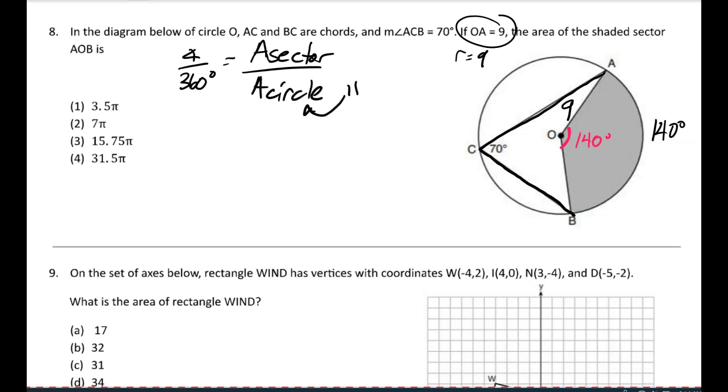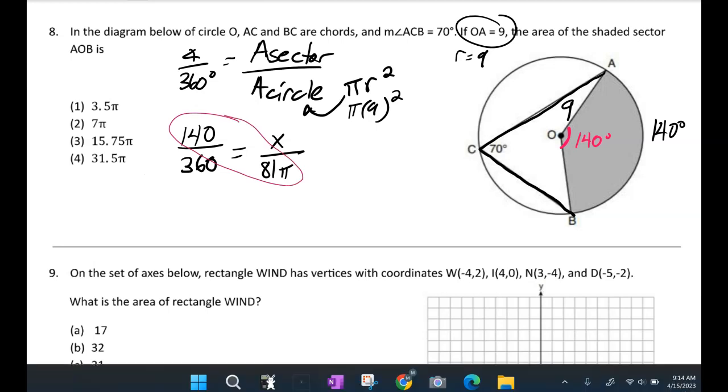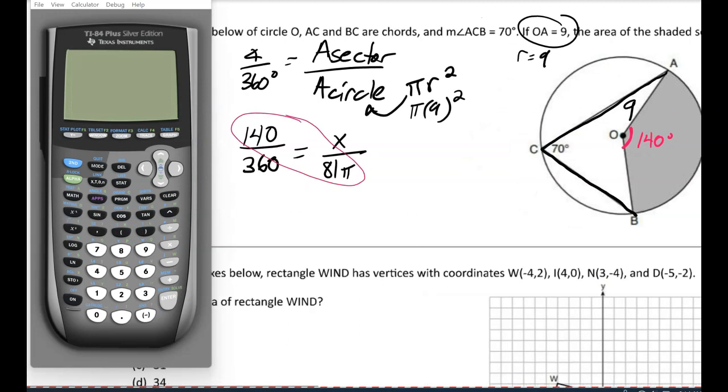Remember, the area formula for a circle is still just pi r squared. So I know the central angle, 140 over 360, equals the area that I'm looking for, just that shaded area, over pi r squared. Now, my radius is just 9 because they tell me that in the information, and 9 squared is 81. Notice that all the answer choices are in terms of pi. So when I cross multiply here and multiply 140 times 81 pi, I'm not going to touch the pi button.